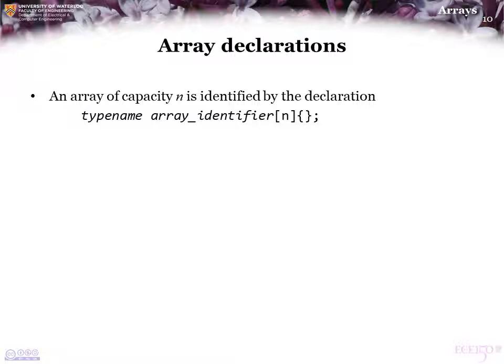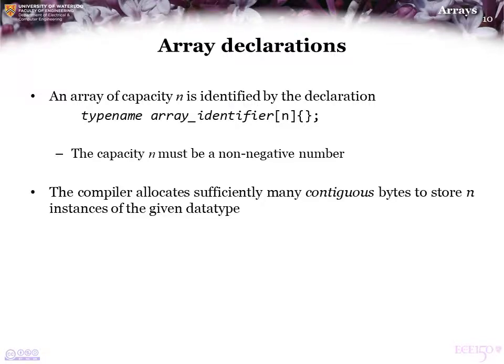Next, however, comes square brackets with an integer value n. The capacity n must be a non-negative integer, so 0 or some other positive integer. The compiler will then allocate sufficiently many contiguous bytes in memory to store n instances of the given data type.